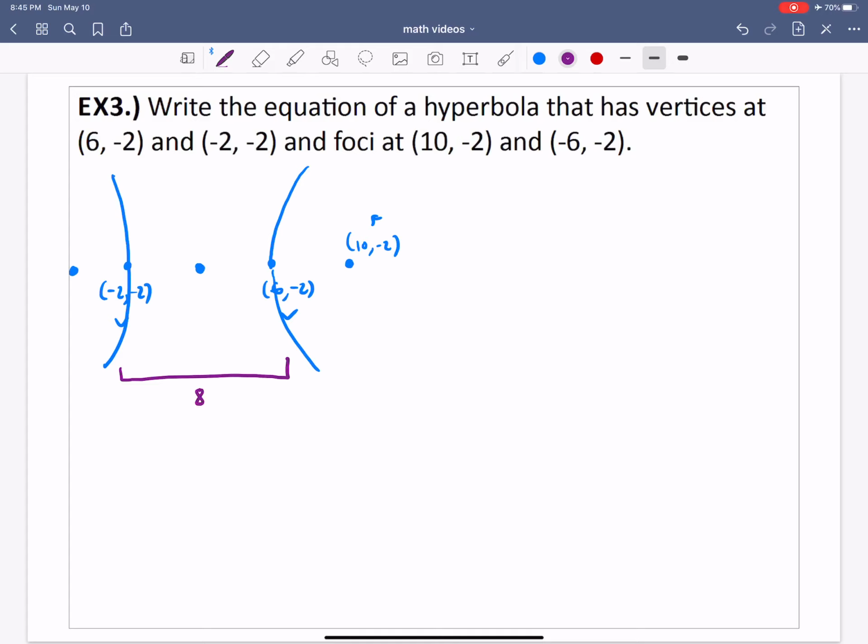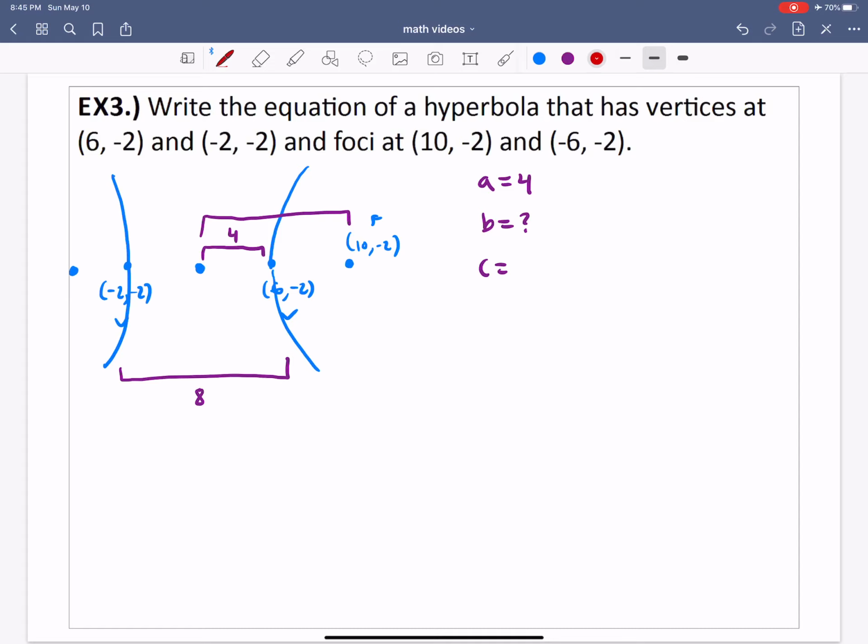That's a total of 8 units. So that total distance is 8, which means the distance from the center to each vertex is 4 units. So that tells me that A equals 4. I don't have any information right away to find B, so that's the one that's missing. But I can find C. C is the distance from the center to a focus point.